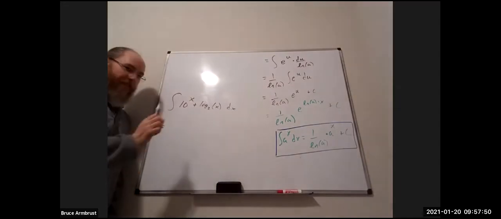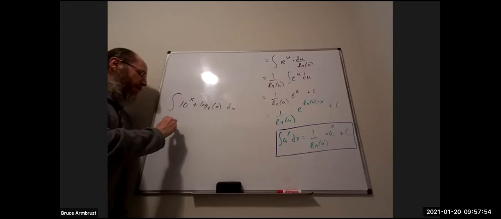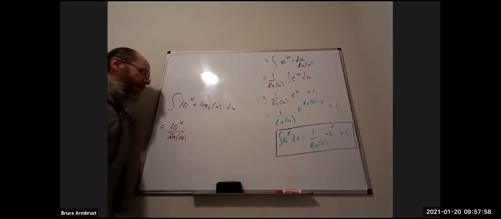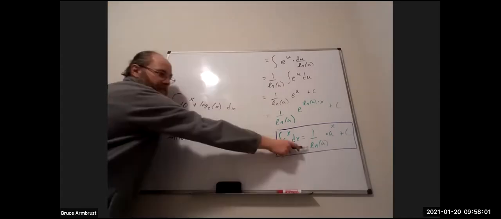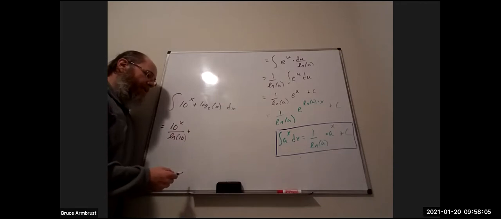All right, well, here's how easy it is. So 10 to the x is going to give us 10 to the x over the natural log of 10. How about the log base 2?